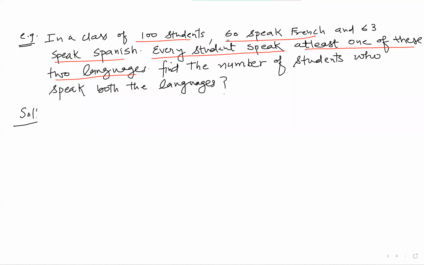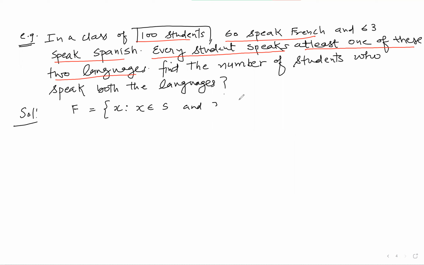Every student speaks at least one of these 2 languages. So let us define set F as all those x that x belongs to S. Here we are assuming that S is the set of these 100 students, right?